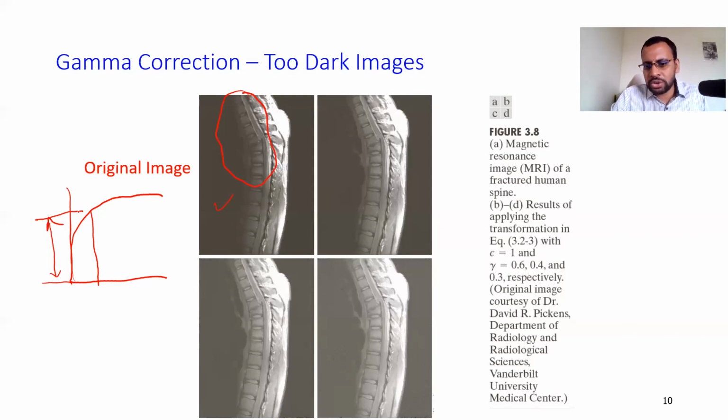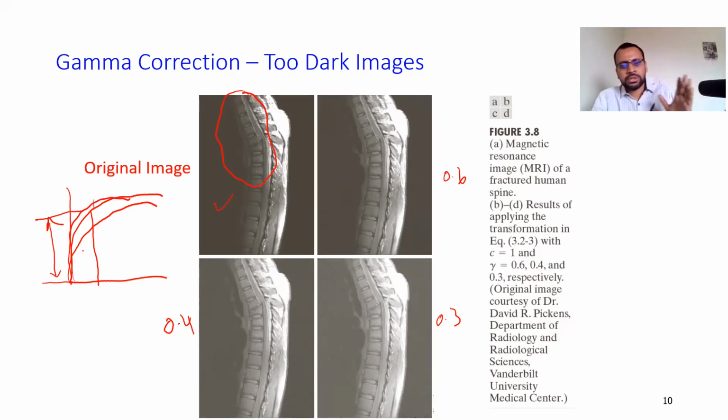The same thing you could notice here. For example, they used gamma equal to 0.6, 0.4, and 0.3 here. So more and more it's becoming brighter. If you further decrease it, the saturation would come much earlier, so even more values get mapped to a brighter range.